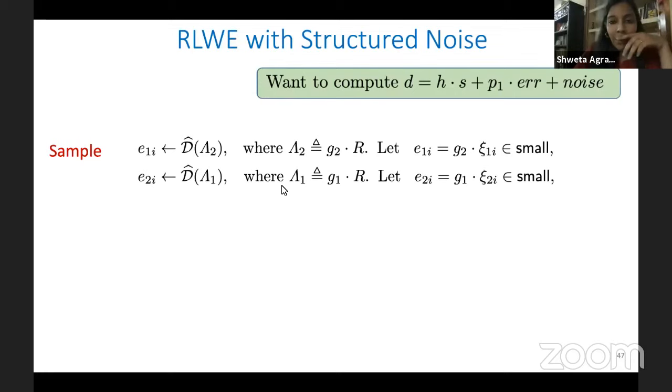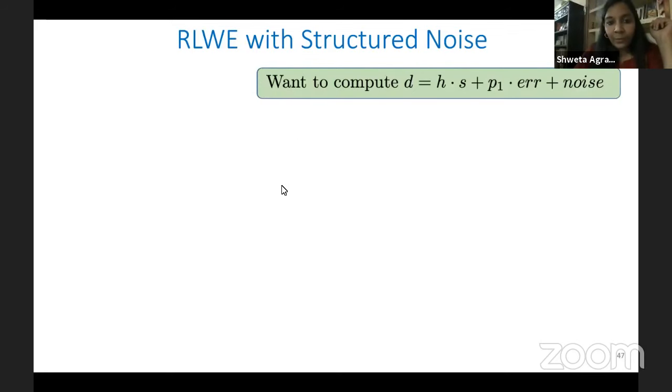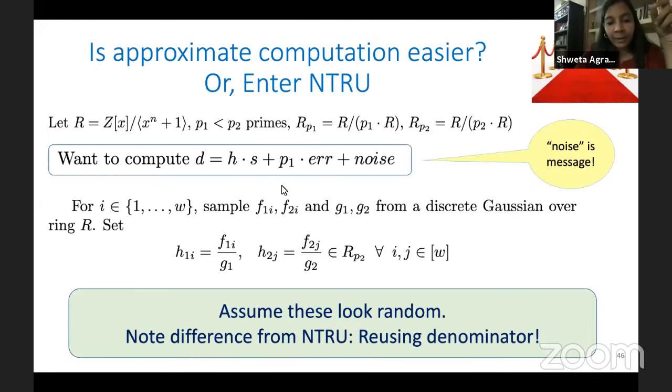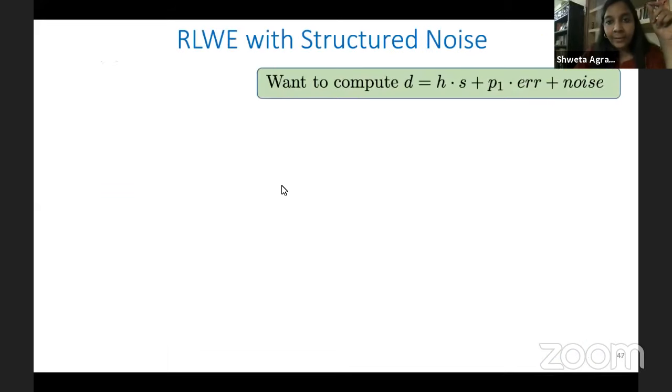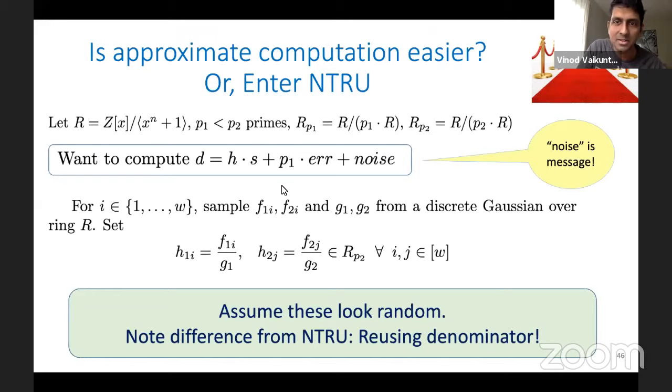Can you put the assumption back up again? I just want to slow down a little bit and look at it. Oh, I see. So you're saying all the H1_j's have the same denominator.